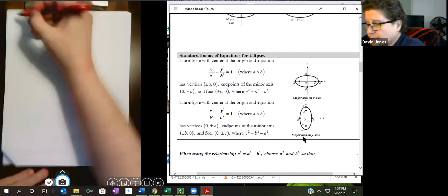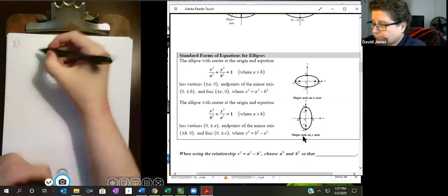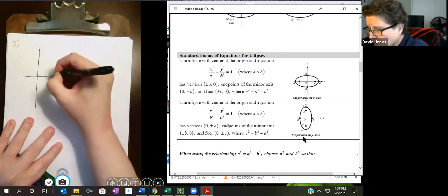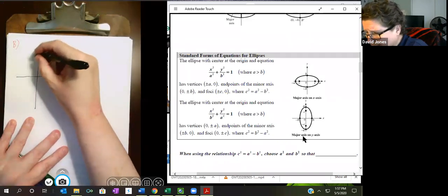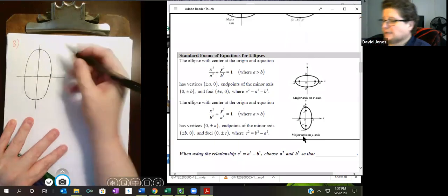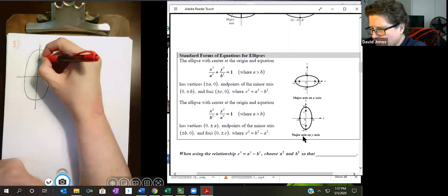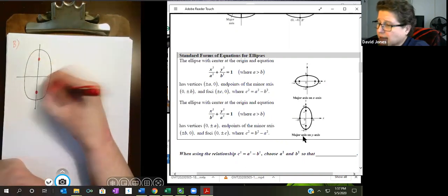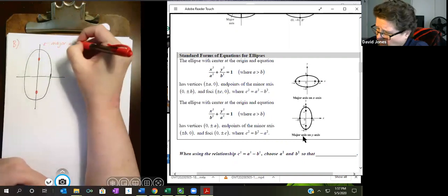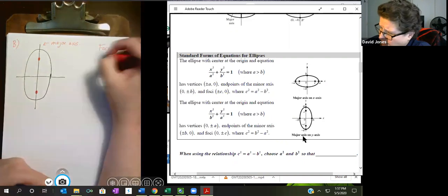So option B, the foci are always on the major axis. So major axis, foci are always on the major axis.